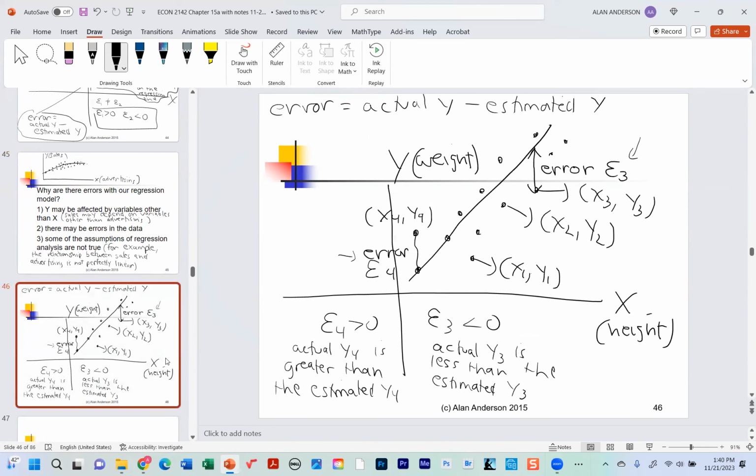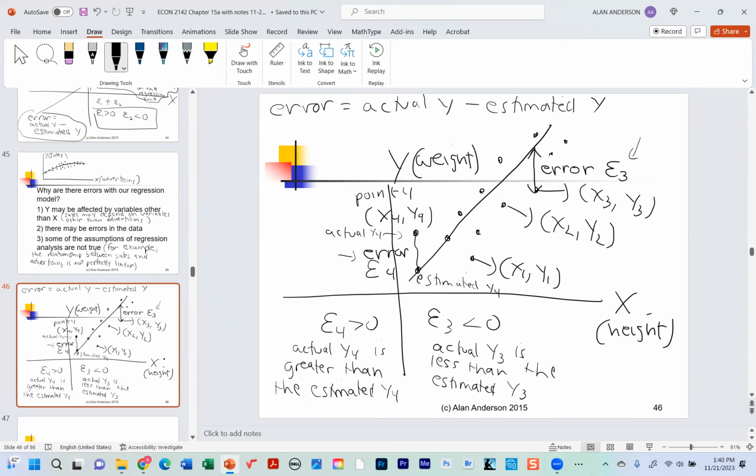Here we're looking at the relationship between weight and height. So for point 4 over here, you can see the error is positive because the actual y is above the estimated y. Actual y4, estimated y4.